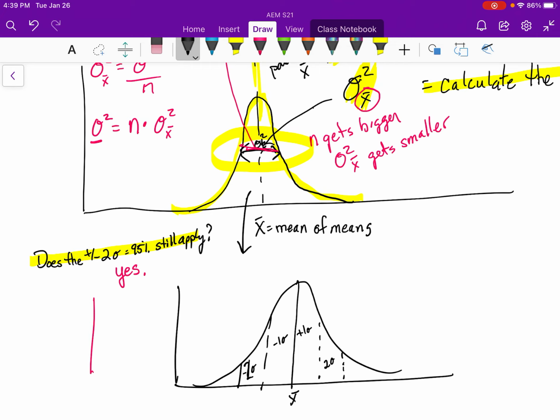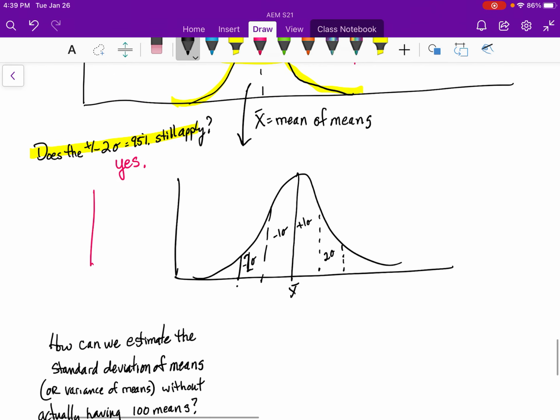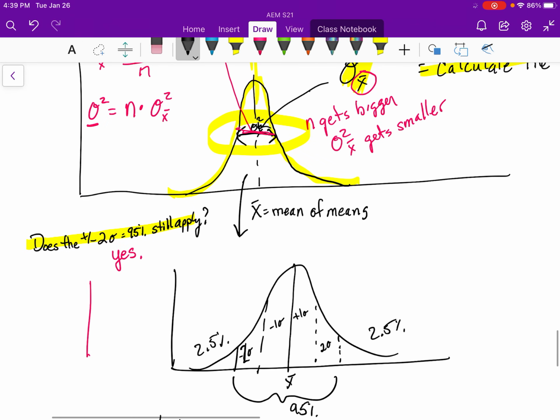And because of that, we can still say that we have 95% of the points in this range, 2.5% out here, and 2.5% out here. Because it's a normal distribution, that still works. Now, keep in mind that these are actual means.